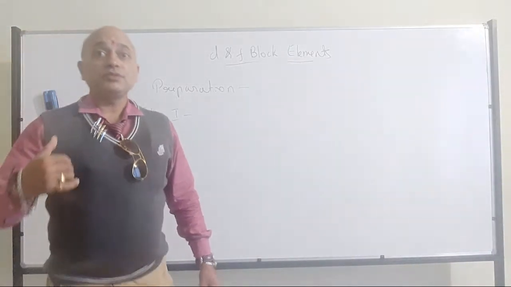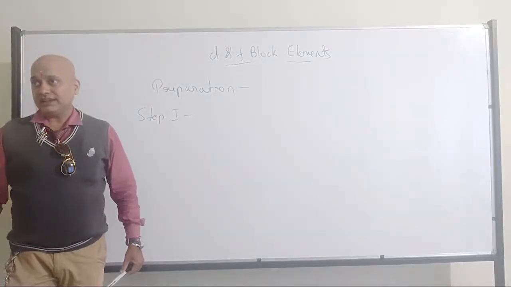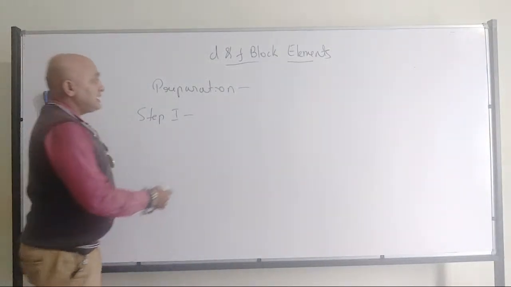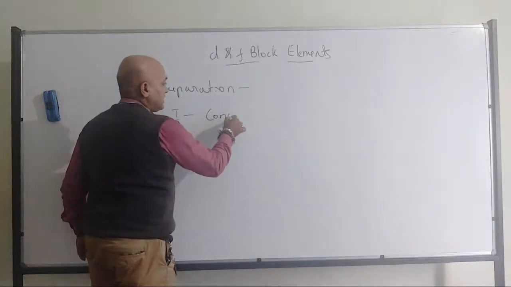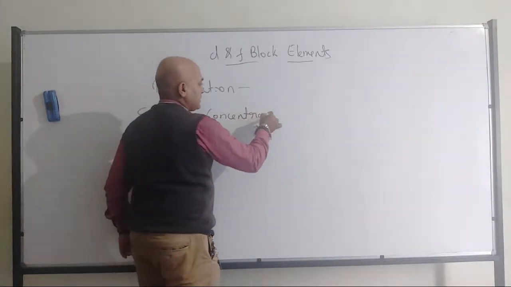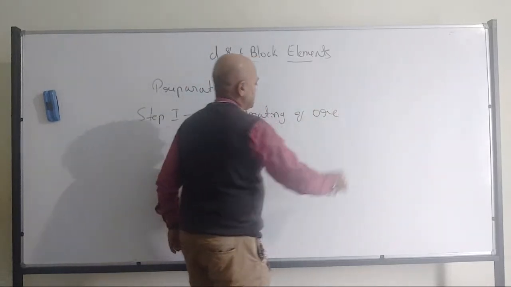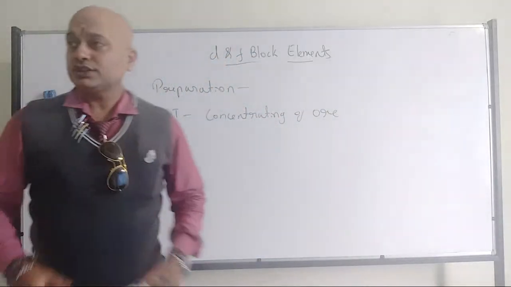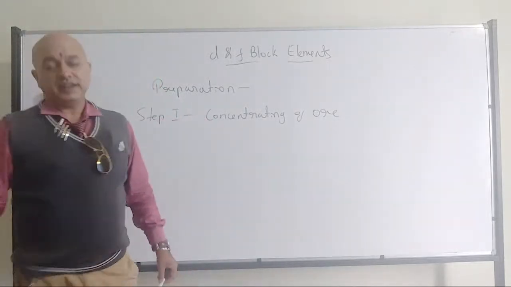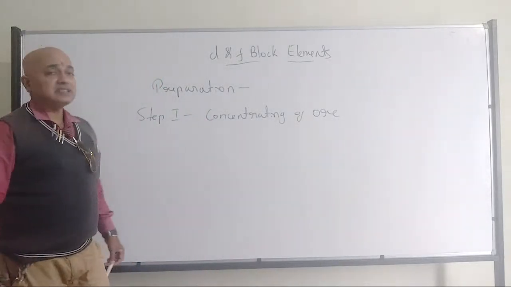But whatever step 2 is there will become step 1 in that case. So step 1 is concentrating of the ore. That's where we have the hydraulic washing or gravity separation.